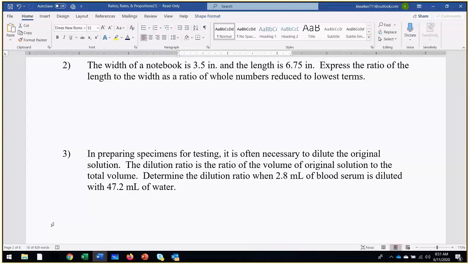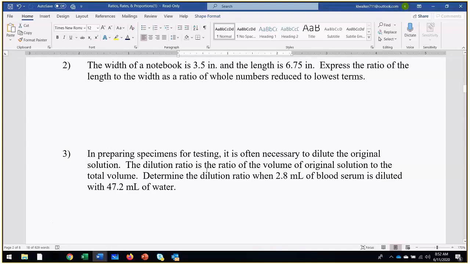I'm going to write down what they're asking for, and then we'll set it up. So we've got 2.8 milliliters of blood and 47.2 milliliters of water. There's our given information, and they want the dilution ratio.